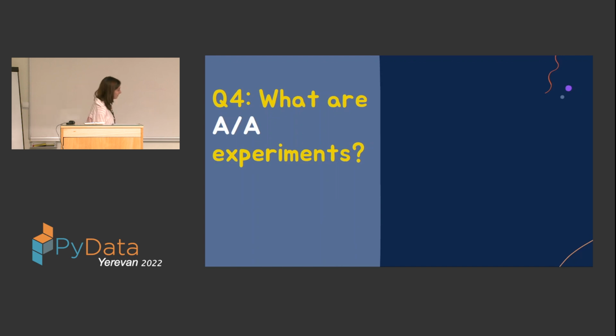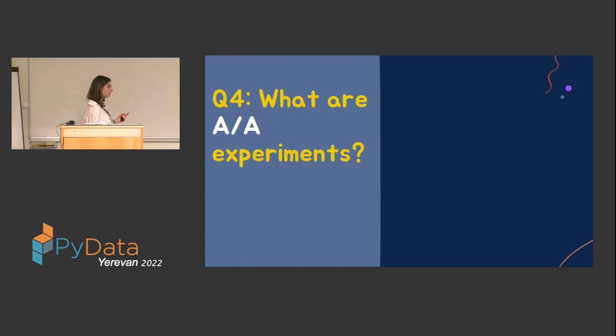What are AA experiments? Sometimes people do this experimentation before running AB experimentation. This helps to understand whether your technical setup is working. If you see the alternative hypothesis winning in an AA experiment, where both groups are seeing the same variant, and I don't know why the second group is performing better, maybe your randomization is broken on the code side.